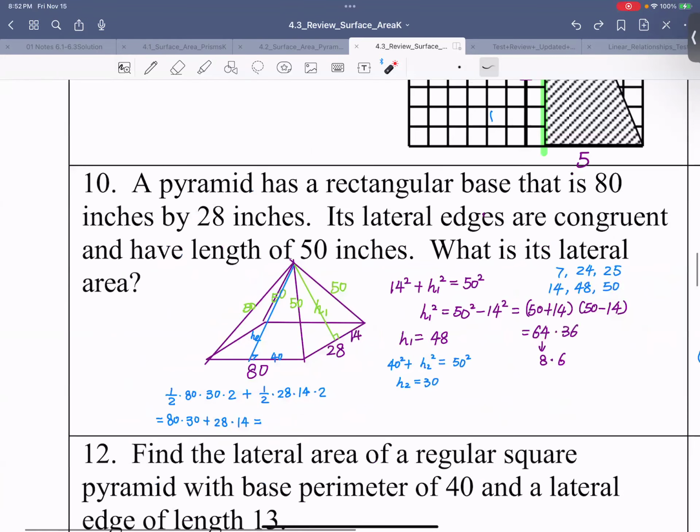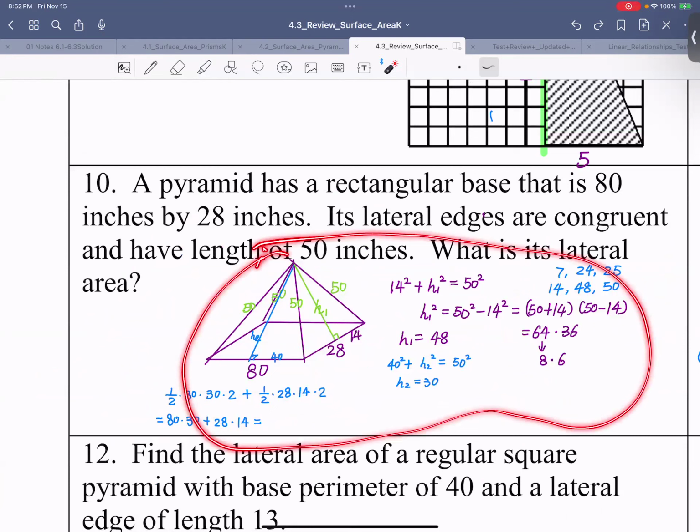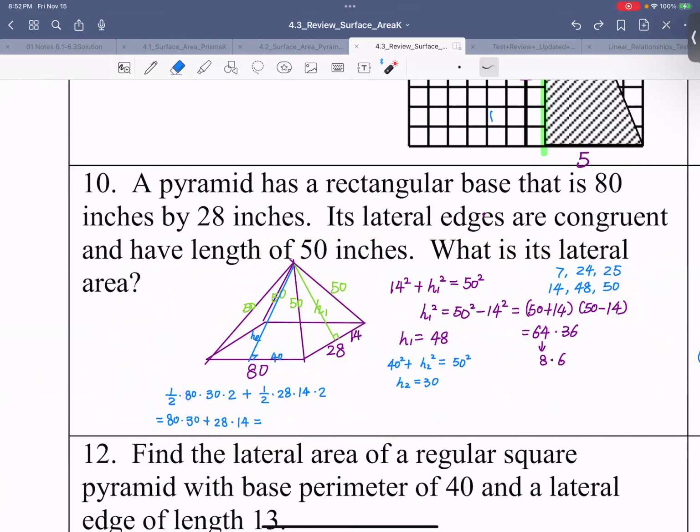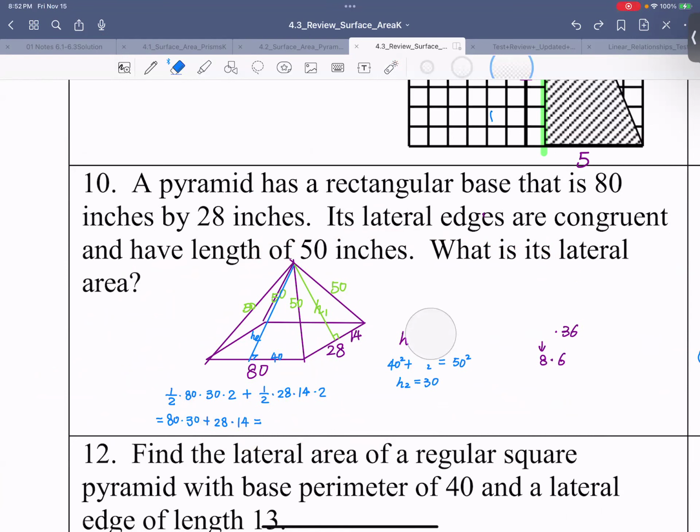Renisha, does this question make sense to you? Yes. Good, guys, show me your work. Go. Show me your work. You want to draw it, okay? You must draw it and write down your steps.